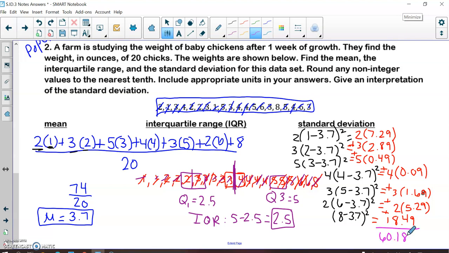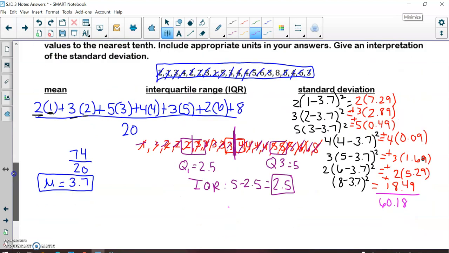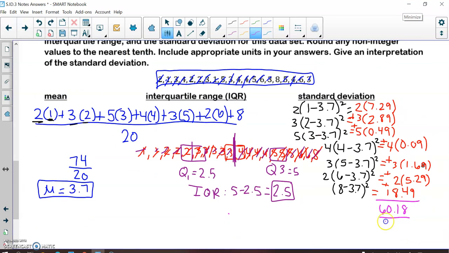And then since it's population, I'm going to divide by the actual number of data points there are, which is 20, and I'm going to take the square root of that. So 60.18 divided by 20 is 3.009. And the square root of that is 1.7.